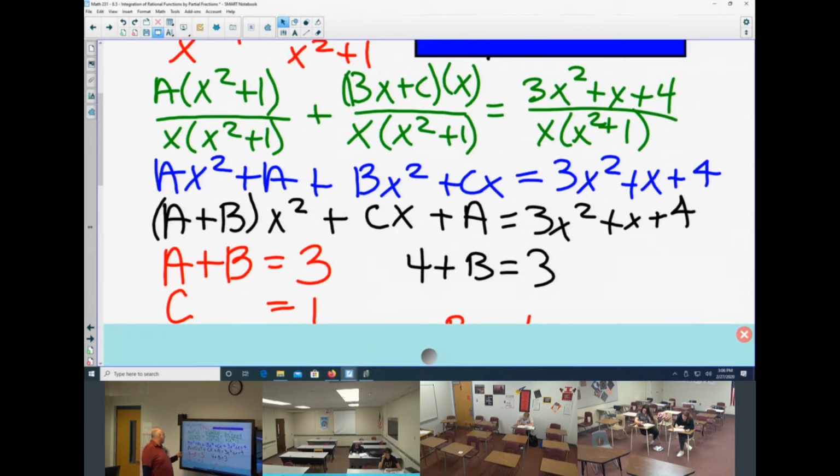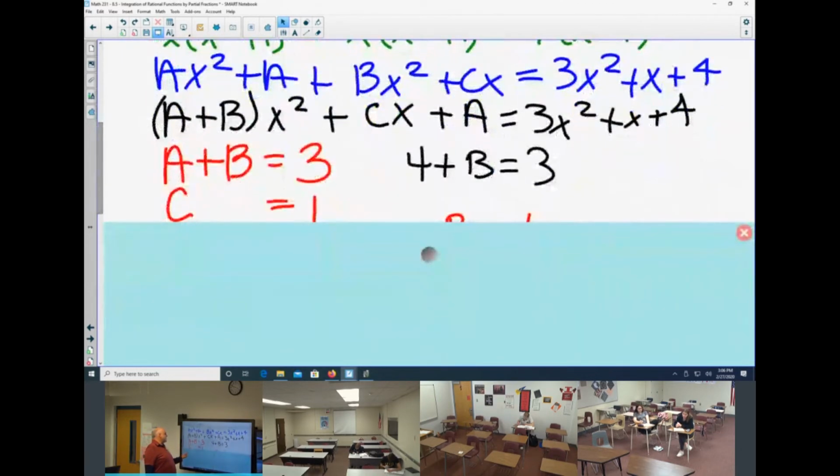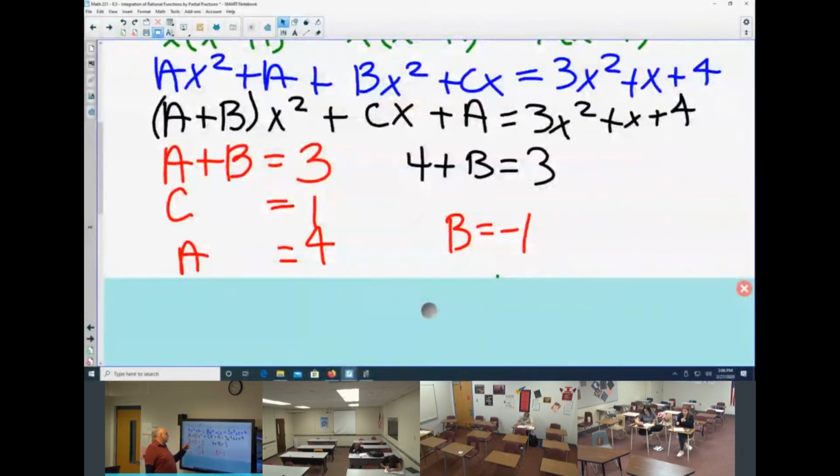So with this system, it's simple enough I wouldn't waste your time putting it in the calculator. You can solve it here. So if A is 4, then you get 4 plus B equals 3. So B is equal to -1. Okay, so everybody cool with that?